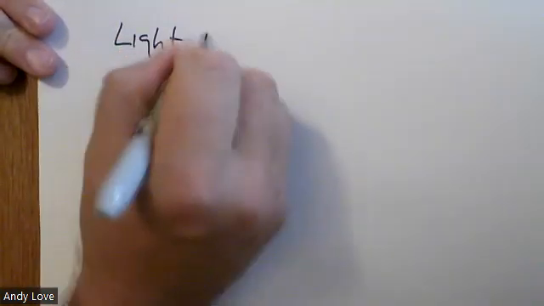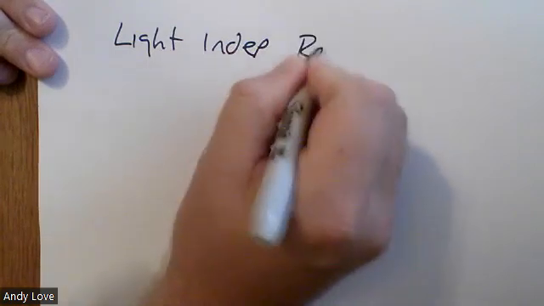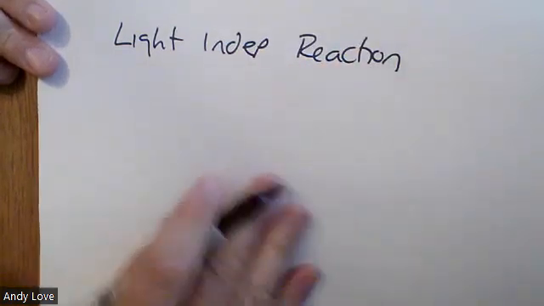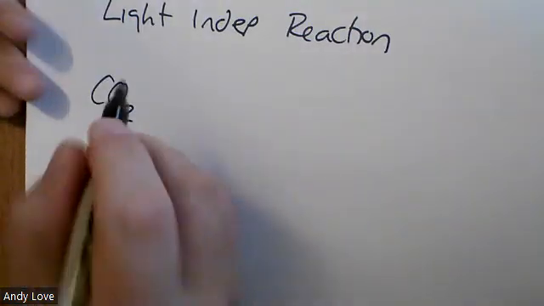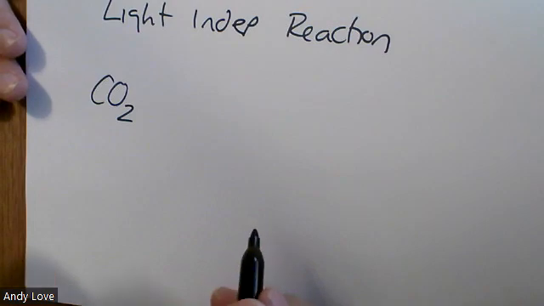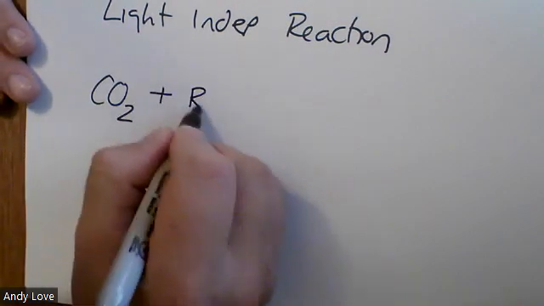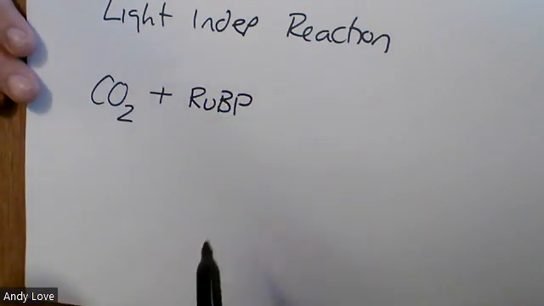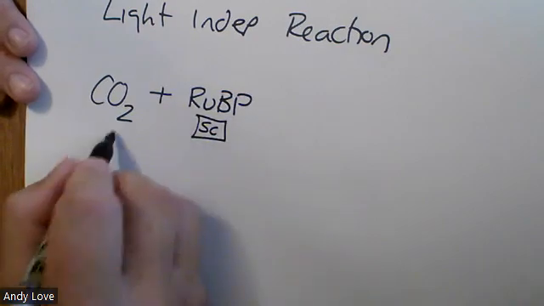First of all, let's just review the light independent reaction. So you know that carbon dioxide is diffusing into the cell, into the chloroplast, into the stroma, and it's joining on with that RUBP molecule. 5 carbon, 1 carbon.